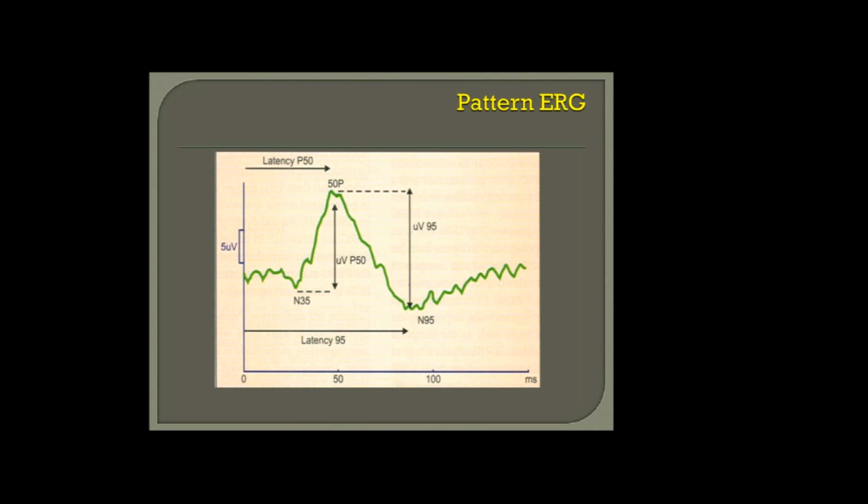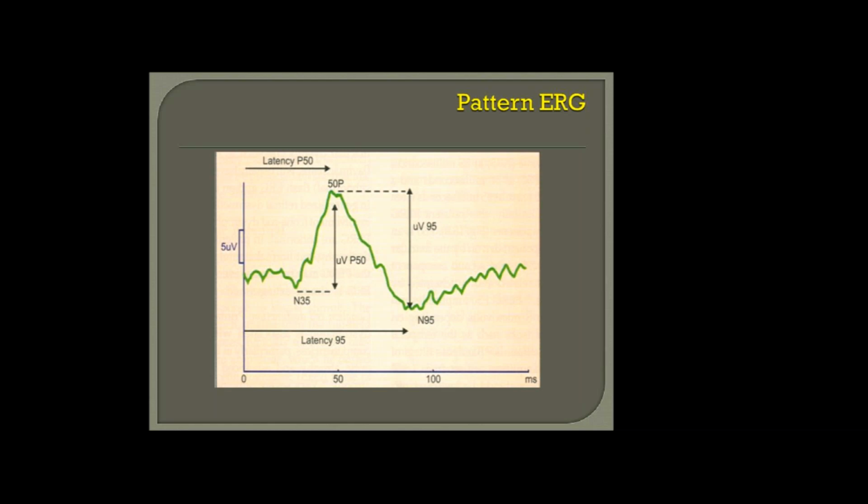P50 is from the macular photoreceptors and N95 is from the ganglion cells. It is postulated that N35 comes from the retinal pigment epithelium, but we do not focus on N35 in pattern ERG, because we already have a protocol to assess it from the electro-oculogram.